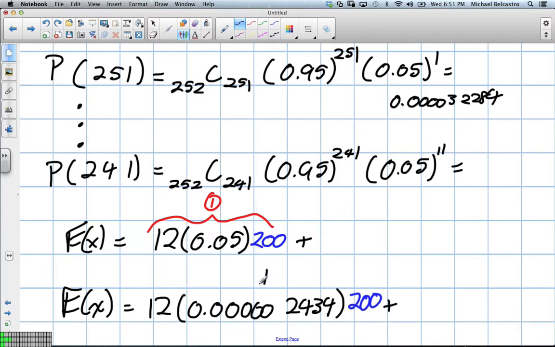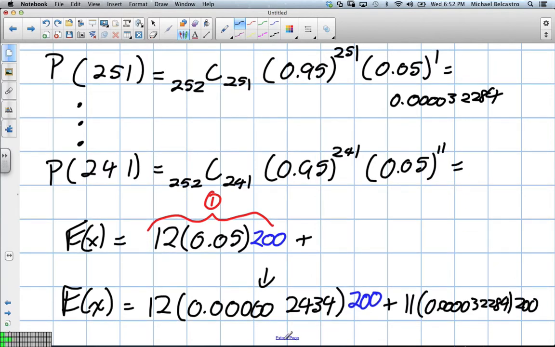So the first one is extremely small, 0.000002434, times all 12 people times the $200. This is how we do our expected value. The second scenario is 11 people times our probability, which is 0.00003228, times that $200.